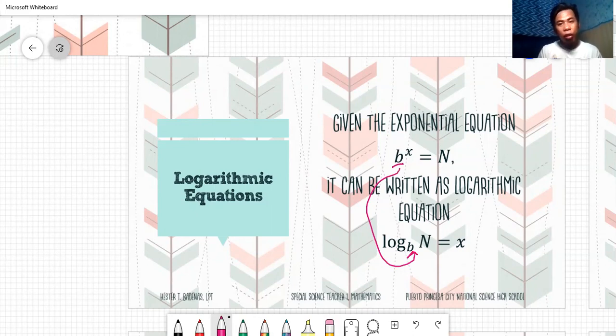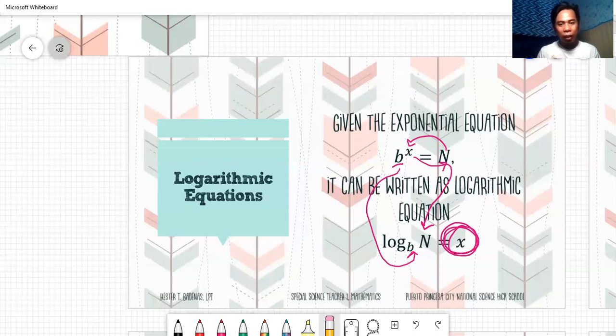The answer, the n here, will be the one that needs to be transformed by the logarithm to get the x. Para tayong nagdi-division, pero in a way that it's exponential and logarithmic. And of course, the exponent will be the answer. So palit lang silang dalawa. Okay, nakuha ba? And then the b here will be the base.